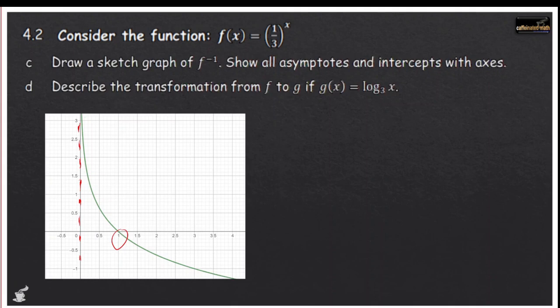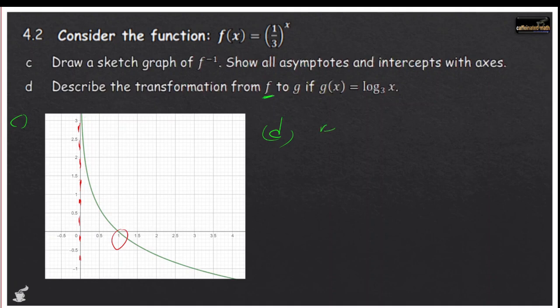Now, for D, our final question. This is obviously C that I pre-prepared. Describe the transformation of f to g if g of x is equal to log base 3 of x. Well, now remember, it's from f.